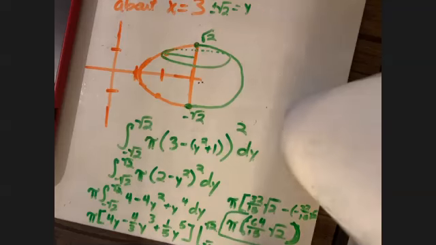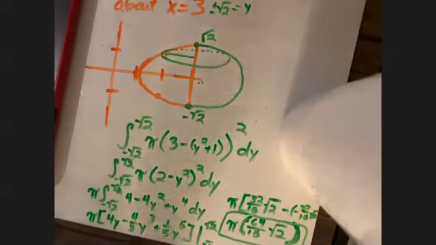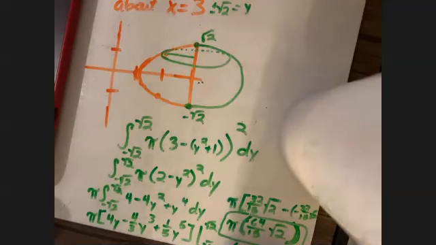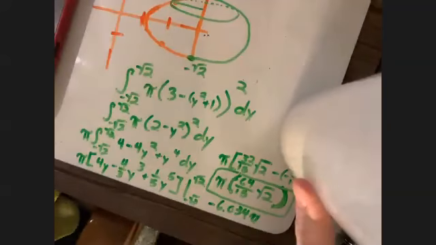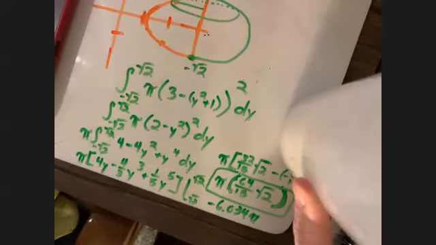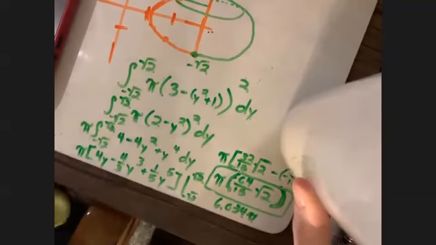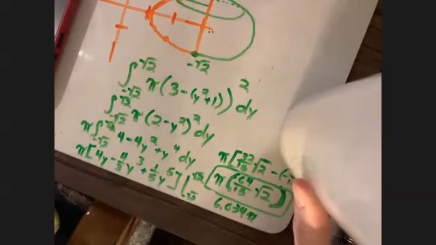Okay. Now, I would certainly take the decimal version of that. So if you gave me 6.034 pi, I would be perfectly fine with that.